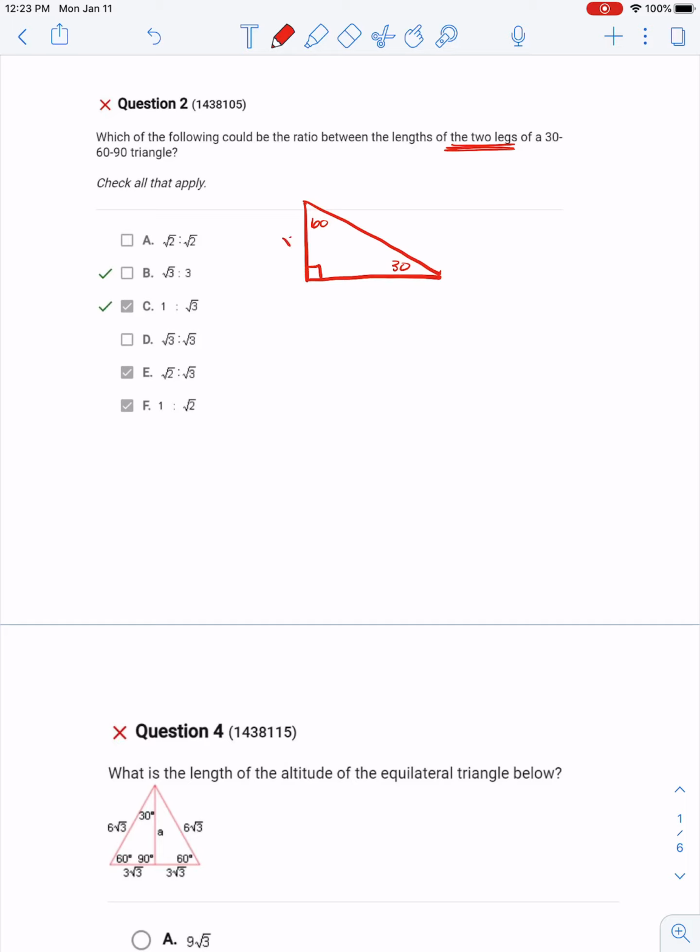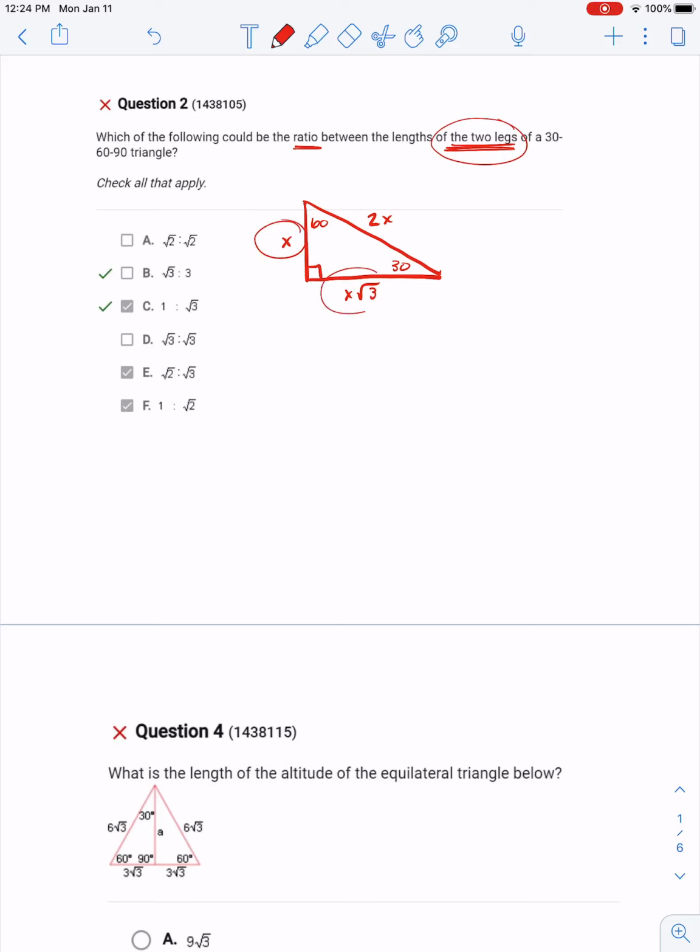And then I remember x is the side beside 60 degrees. X radical 3 is the side beside 30 degrees, and then the hypotenuse is 2x, okay? I believe in Apex they use S. I like to use X just because I think my S's look like 5 sometimes, so just to cut out any confusion.